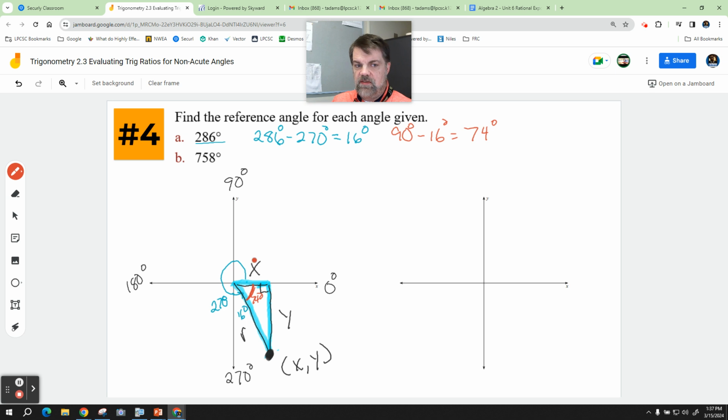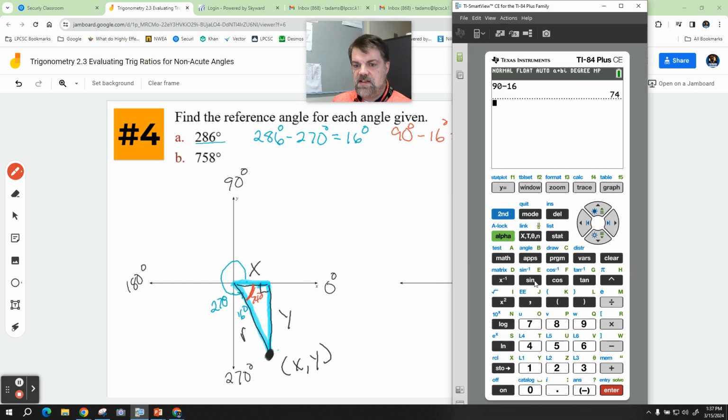So the values of these things are going to be the same. So let me give you an example. If I say sine of 286 degrees, I get this value. If I say sine of 74 degrees, actually it's negative 74 degrees, I get the same value.